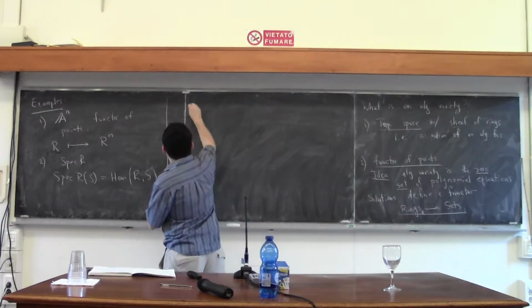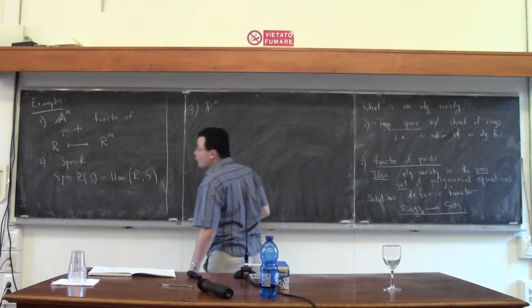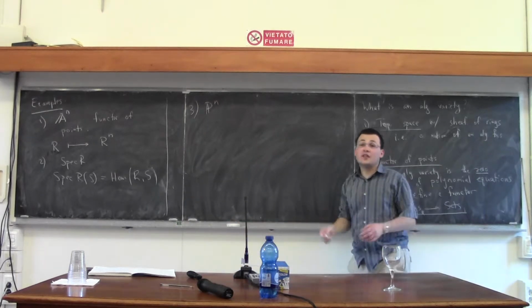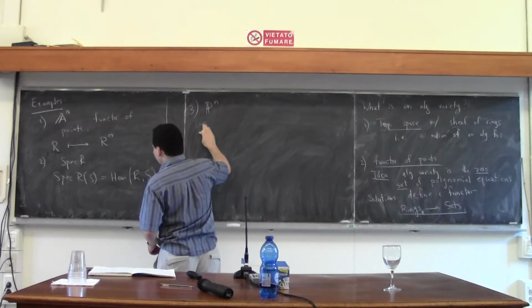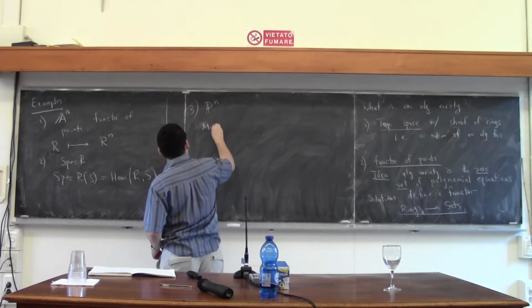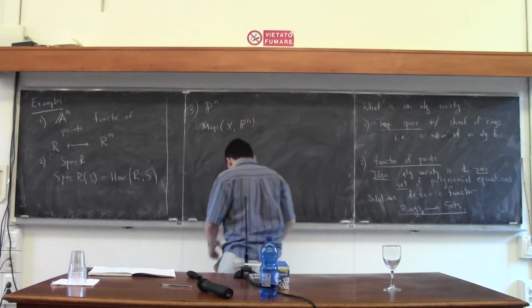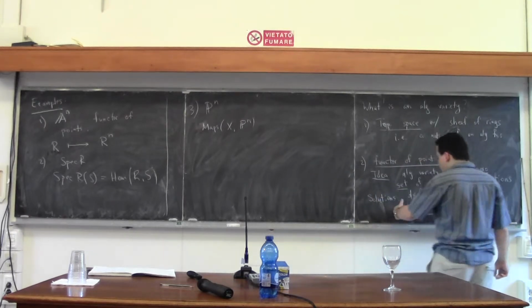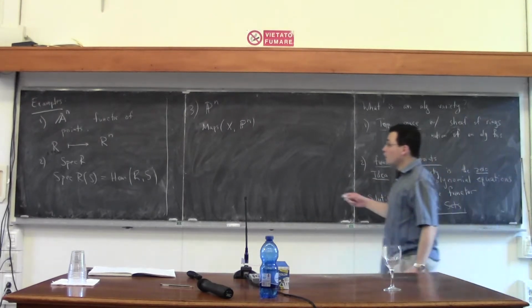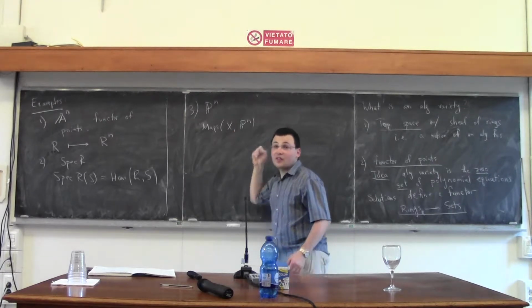All right. The third example I wanted to give, the only non-trivial example that I will give, is P^n. To describe it as a functor of points, it's enough to say, I'll take something a little more general than rings. I'll say what it is to map any variety X into projective space.